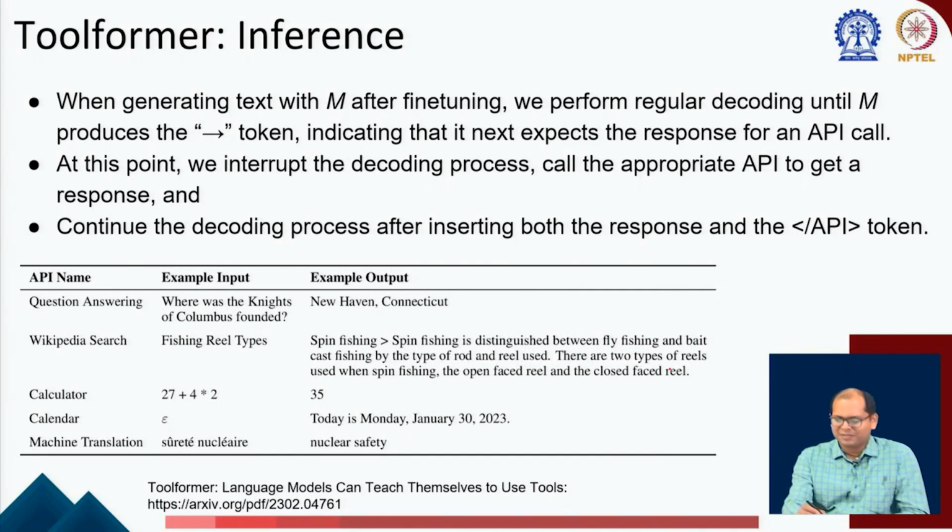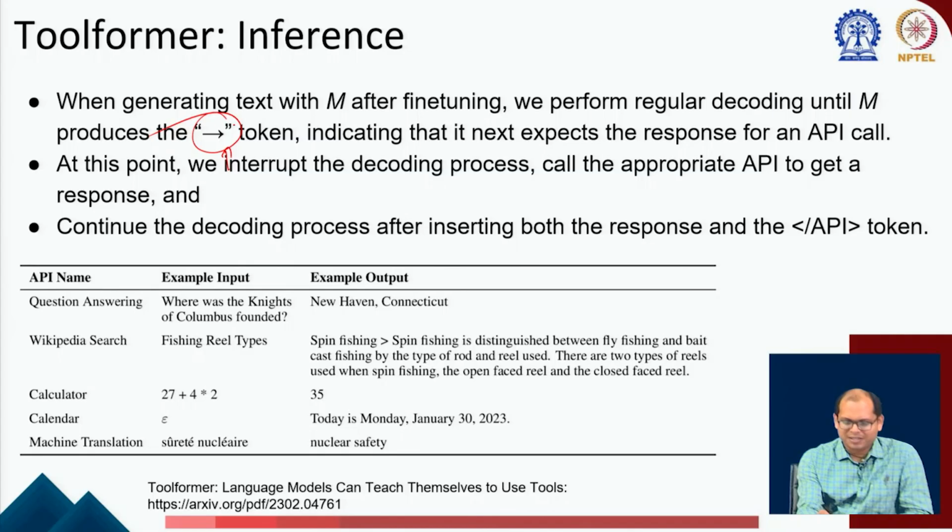At inference time, you have to generate text. You have already been fine tuned, so you will keep on performing regular decoding until it generates the right arrow token. That means it has already mentioned the API call it needs to execute, and now it wants the result for that.